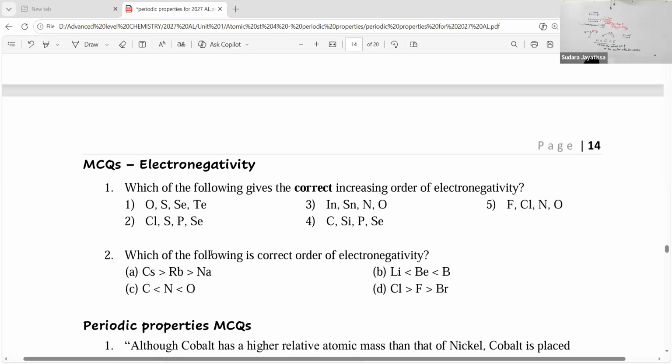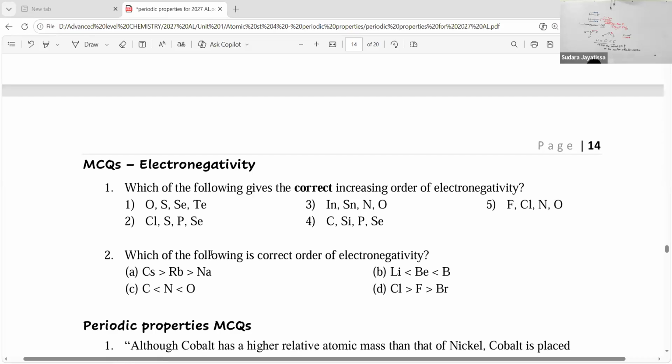Tin is the lowest one. Then phosphorus. I'm talking about the fourth answer. Silicon, then phosphorus, carbon, selenium. Anyway, it's not needed, okay? You already found the answer.